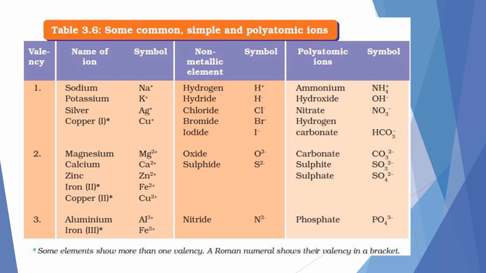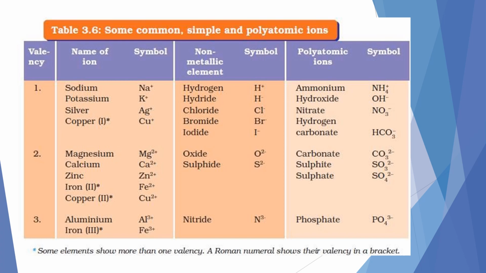And chloride. Chlorine is a non-metal, a gas, and chloride ion is Cl minus. Bromide, iodide: these all three are in one category. Chloride, bromide, iodide: Cl minus, Br minus, I minus. The element is bromine and its ion is bromide.